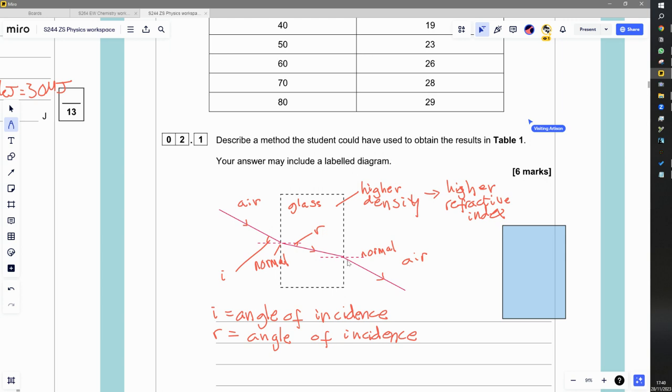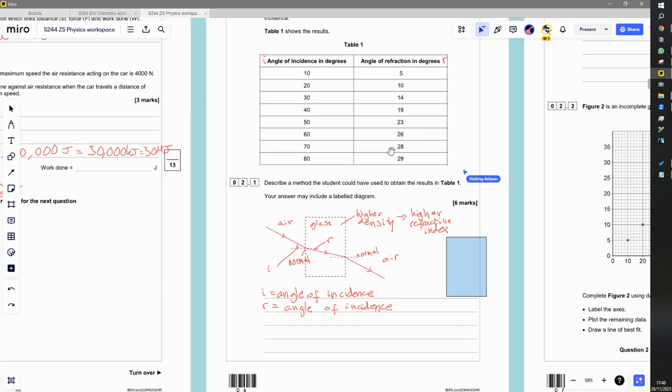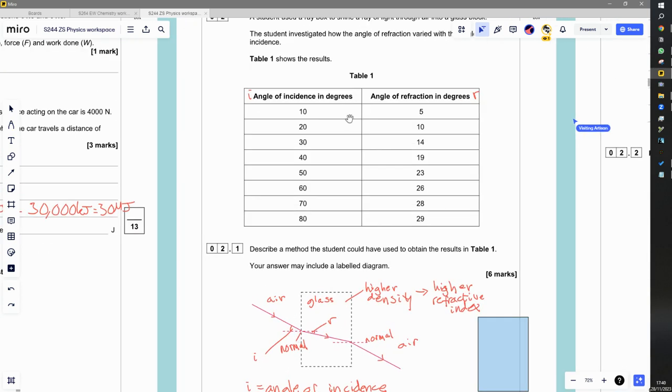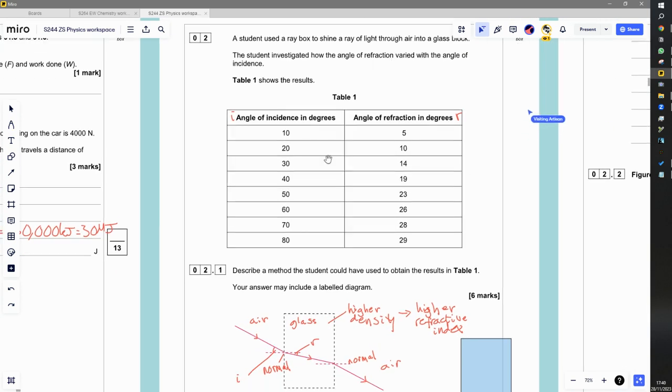So make sure it's at exactly the point that the ray of light is going into the glass block and at 90 degrees to the glass block. Same over here. Okay. Now he's only actually interested in these two angles because, as it says, it's just going as it goes into the glass block.